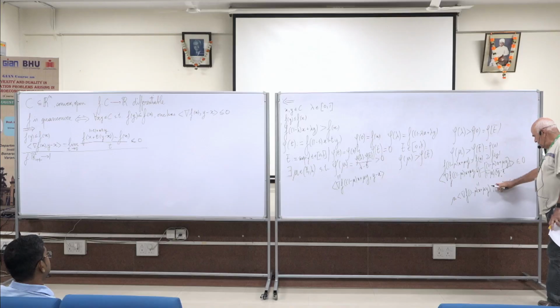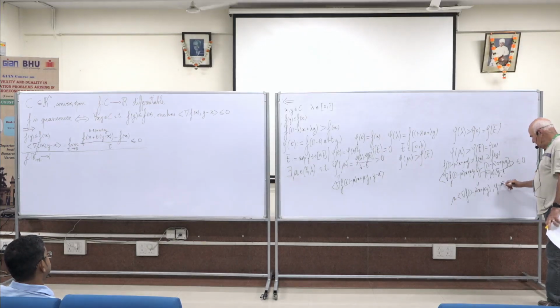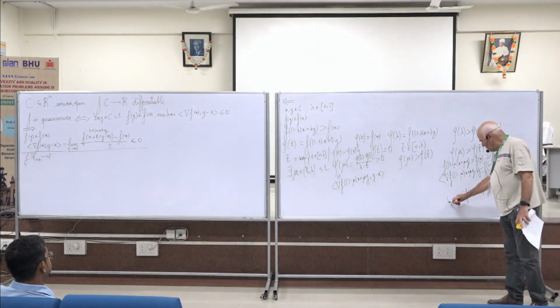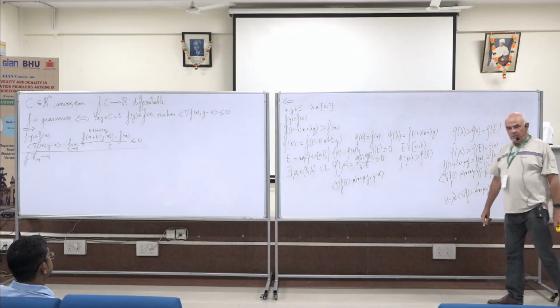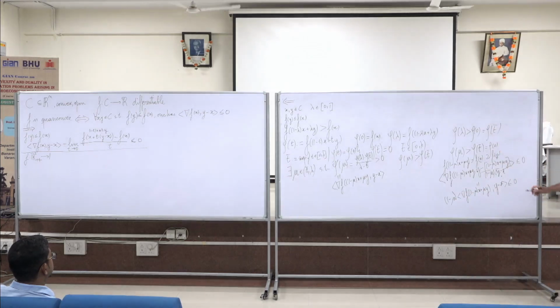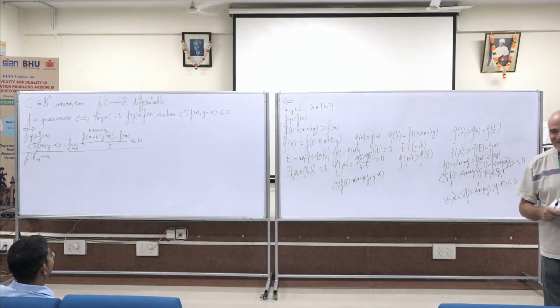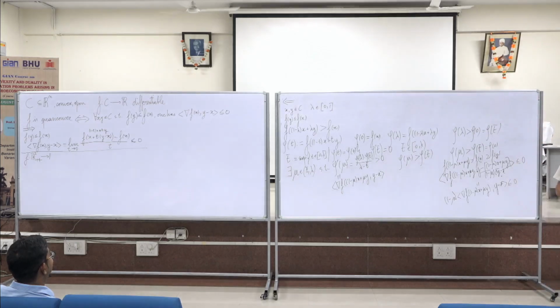So here I get 1 y minus x, and here I get 1 minus mu, which is non-negative, and now this is a contradiction. Thank you very, very much. You saved me a lot of time.